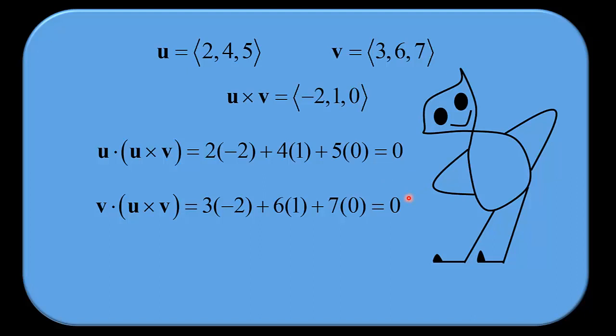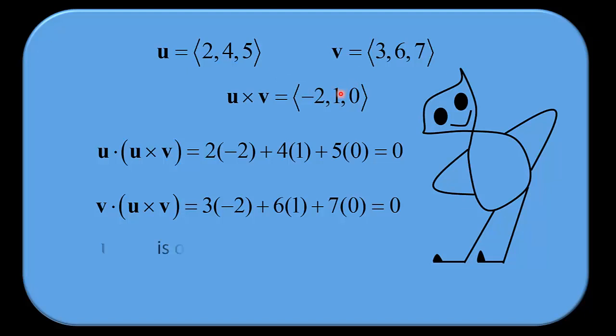So what happens is, when we find a cross product, the cross product is always going to have a dot product with the originals of 0. So u dotted with this vector, 0. This vector dotted with this vector, 0.